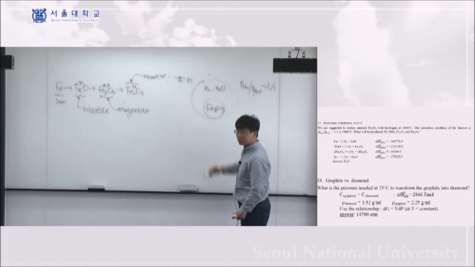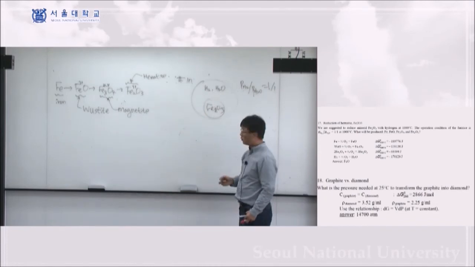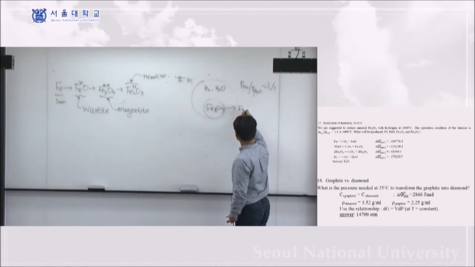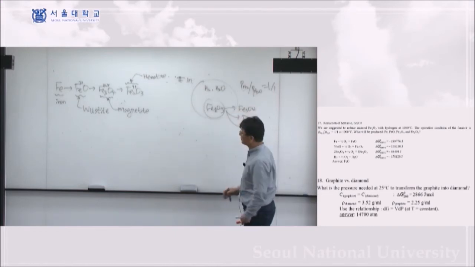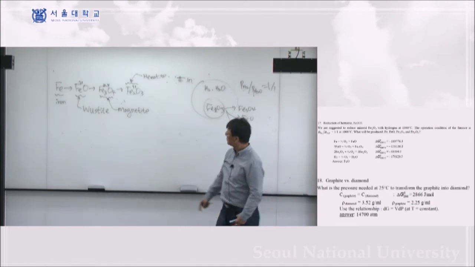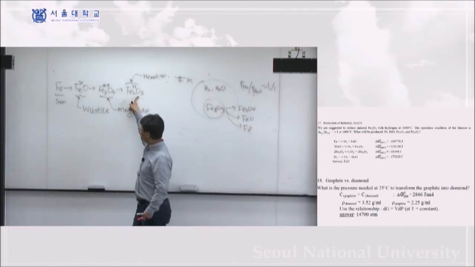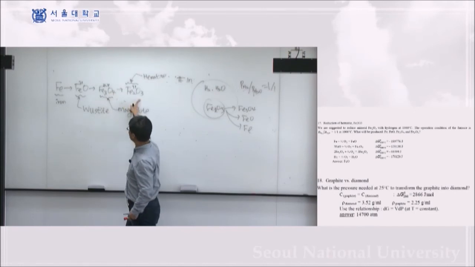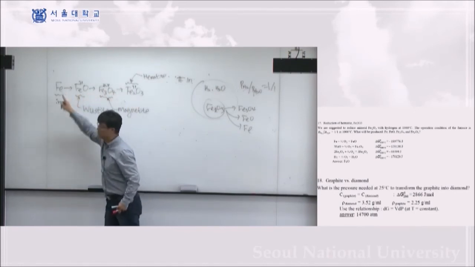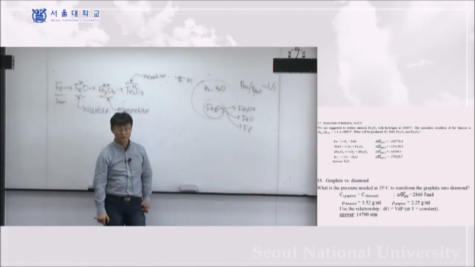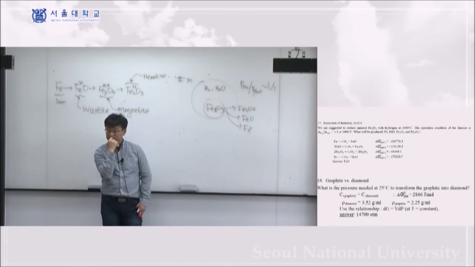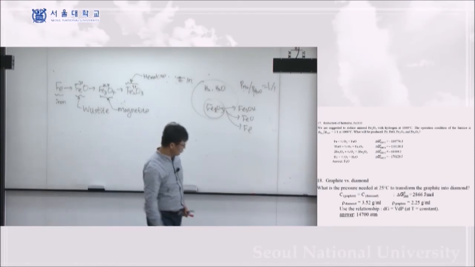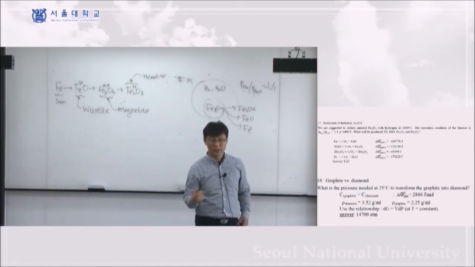Is this going to stay as it is, or is it going to change to Fe3O4, or is it going to change to FeO, or is it going to change to iron? So I have here in this state, is it going to end up as this one, or this one, or this one? That's my question. So we have to calculate delta G of reaction, basically.